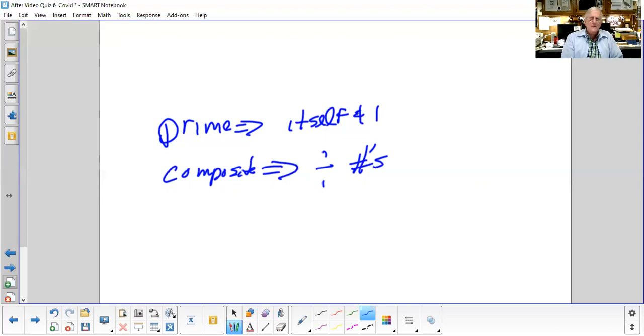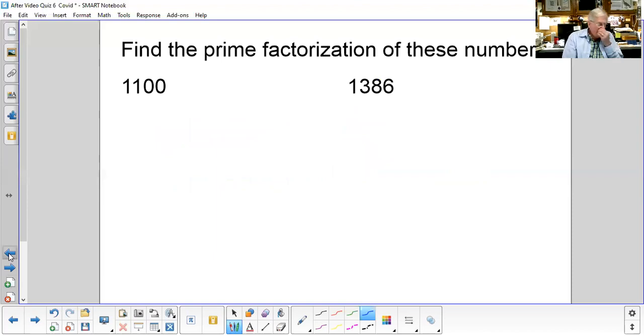Now, this is kind of cool. If you take the number 1100, it can be written as the product of all prime numbers. Really? Yeah, it really can. You may recall having done this in middle school, but we're going to review it. Now, you used to do this with what was called factor trees.